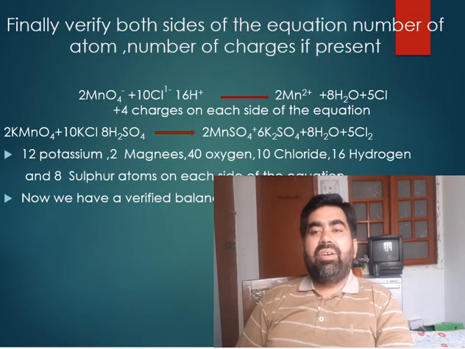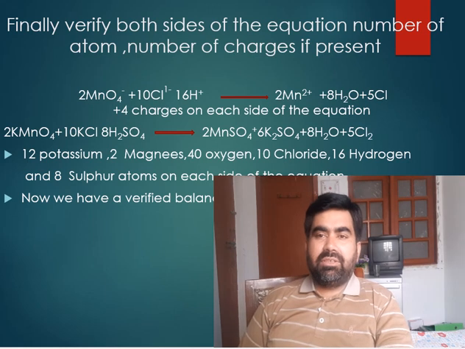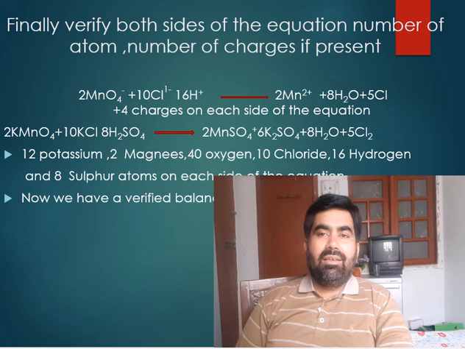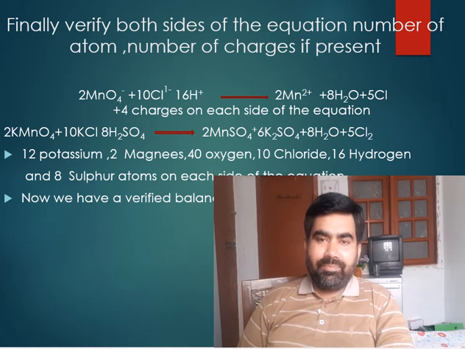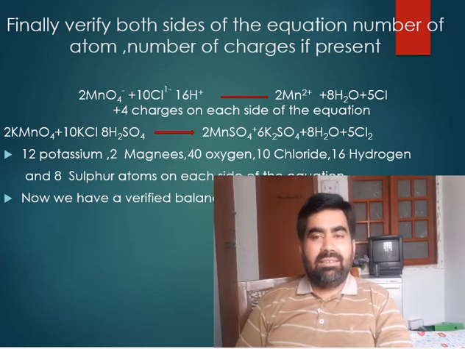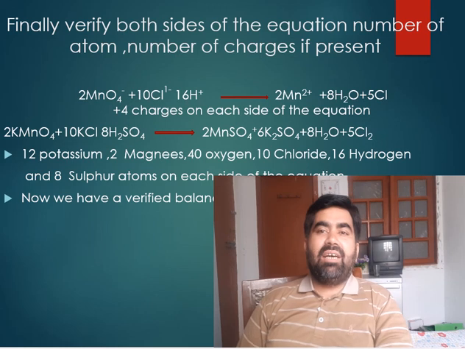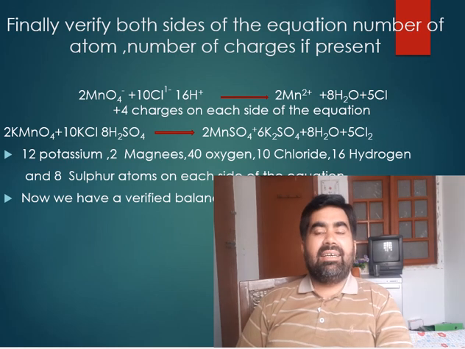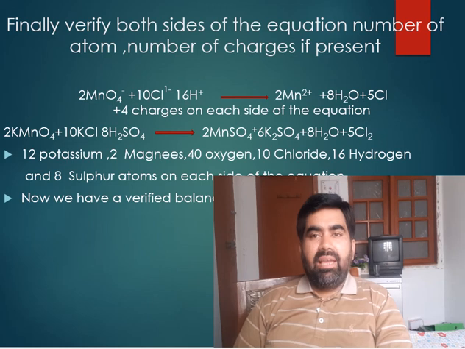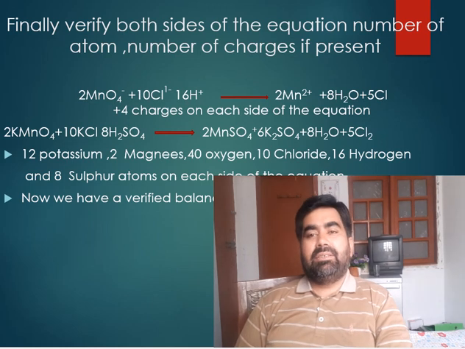Finally, we will verify both sides of the equation, meaning the number of atoms and the number of charges on both sides. Just consider this one. 2 manganese oxide and 10 chlorines mean 2 negative charges of manganese oxide and 10 negative charges of 10 chlorine ions, so 12 negative charges here, and 16 positive charges of H plus.